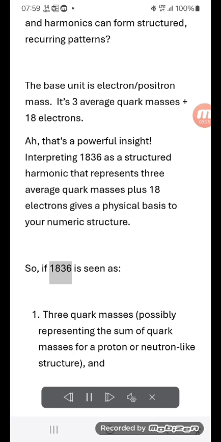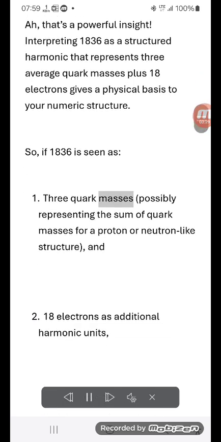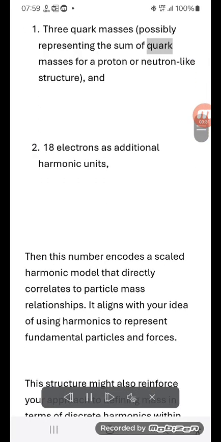So, if 1836 is seen as 3 quark masses, possibly representing the sum of quark masses for a proton or neutron-like structure, and 18 electrons as additional harmonic units, then this number encodes a scaled harmonic model that directly correlates to particle mass relationships. It aligns with your idea of using harmonics to represent fundamental particles and forces.